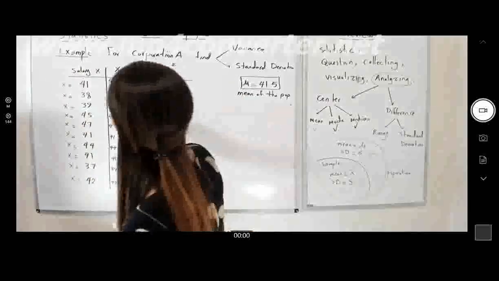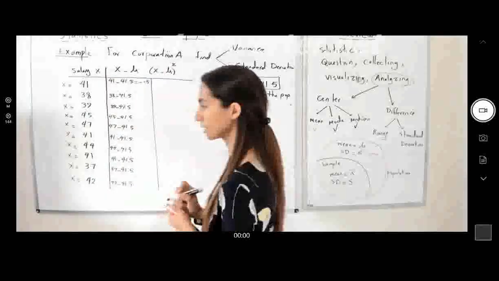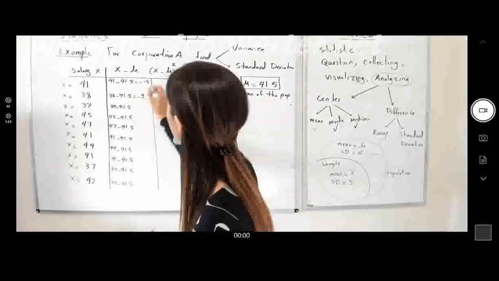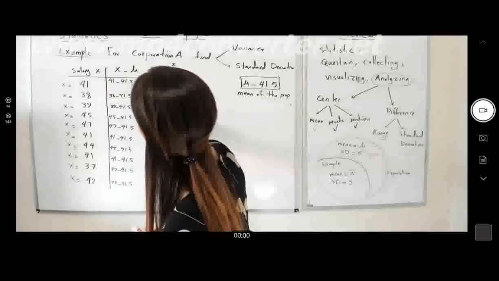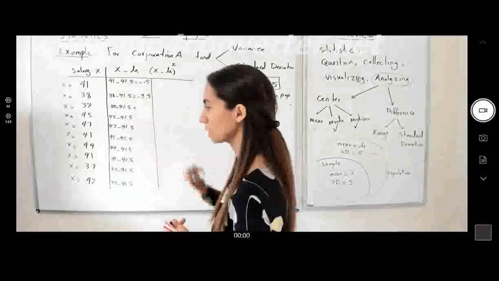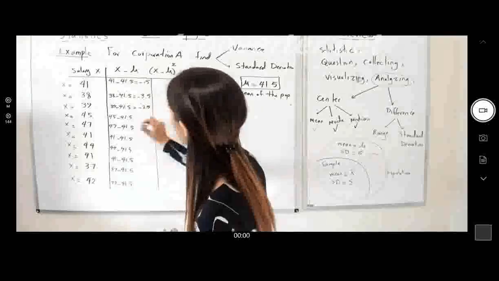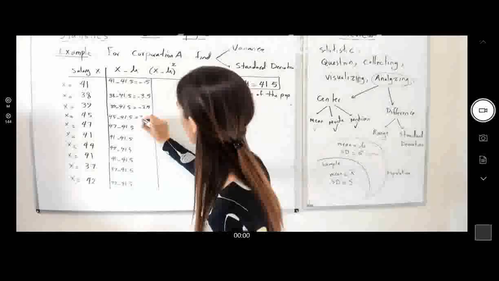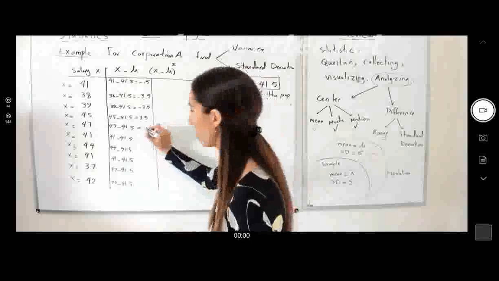Okay, the first deviation is negative 0.5. The second deviation, negative 3.5. The next deviation is equal to negative 2.5. The next deviation is equal to 3.5. Now it is positive. Next deviation is equal to 5.5.